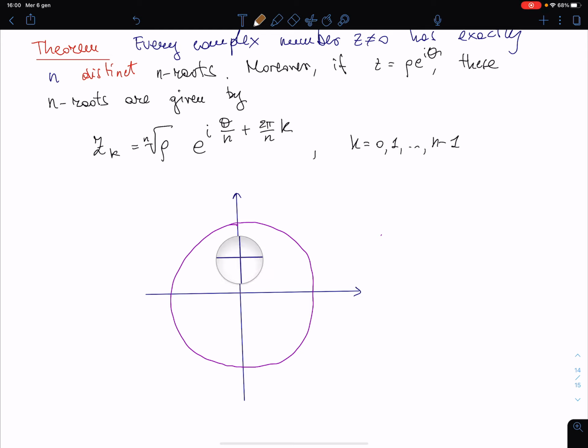So, here you have z, for instance. This is z, and this is theta. And then you want to find, for instance, the cubic root with n equal to 3.